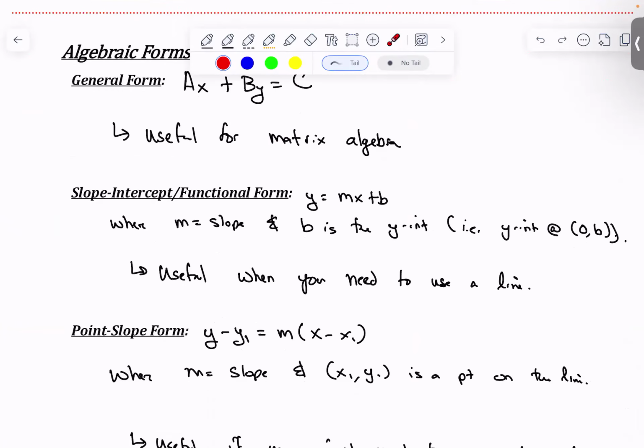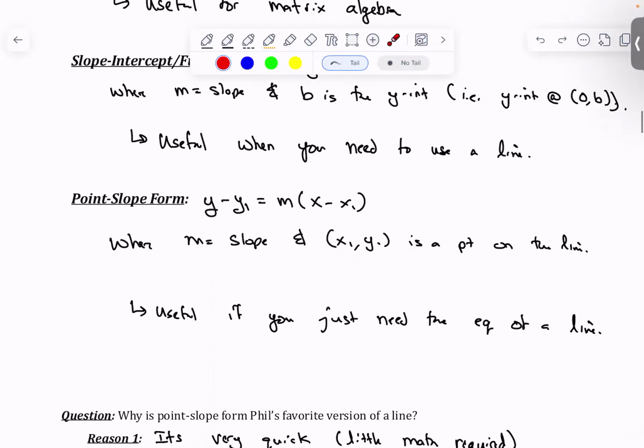Then there is slope-intercept form, which is the best format if you need to use the line for something. If we want to find whether a line is perpendicular or parallel to our line, or if we want to find out the x or y intercept of our line, then that's the good format. But the far superior form, my favorite form, is point-slope form. y minus y sub 1 is equal to m times x minus x sub 1.